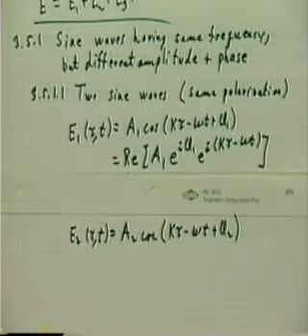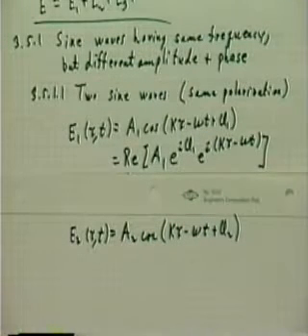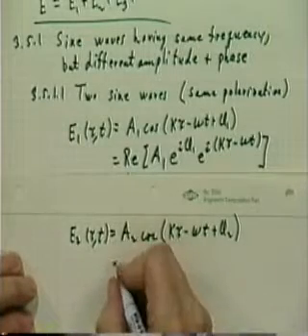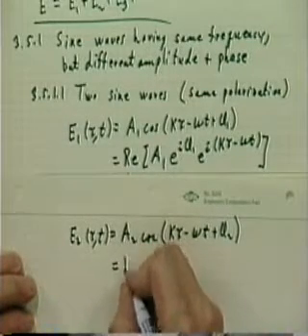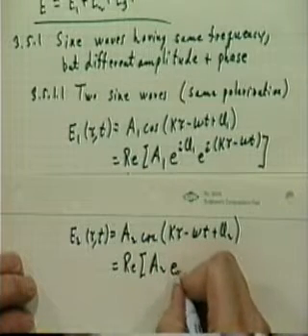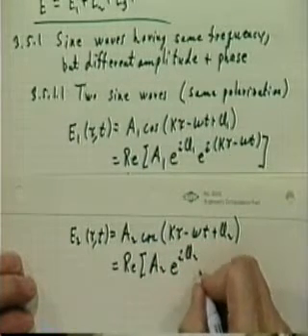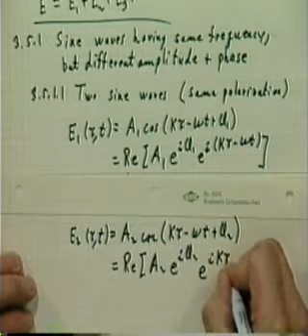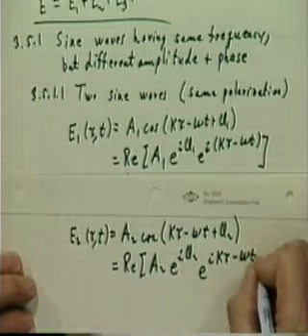And I could do the real part there if I wanted to, well, I might as well, one last time: real part, A2 e to the i phi 2 e to the i kx minus omega t.